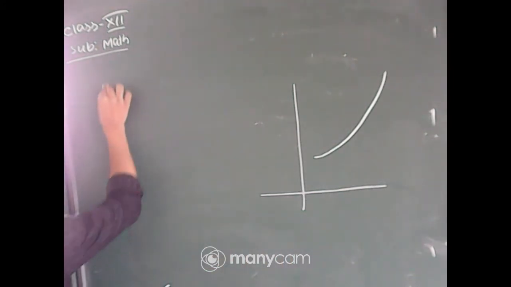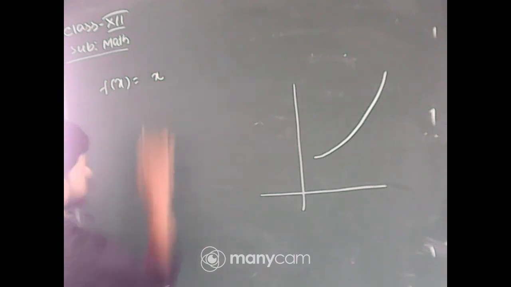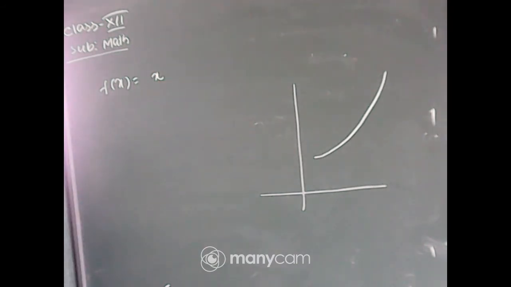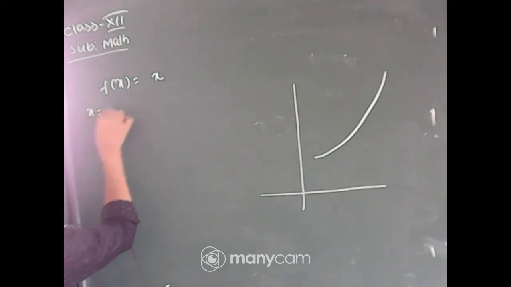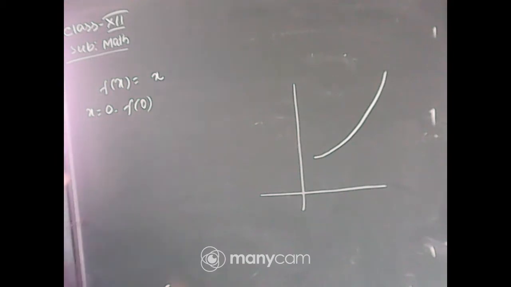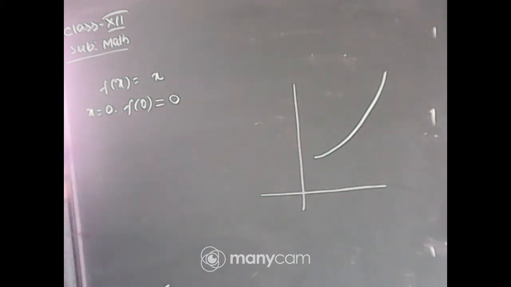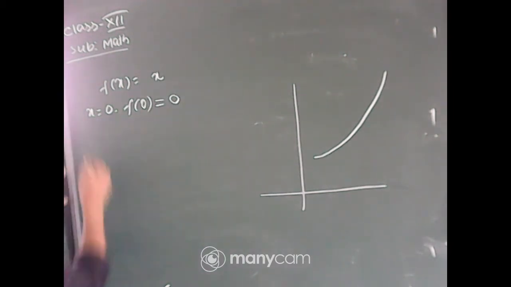For example, if we consider f of x is equal to, suppose, x, it is a function. Now let's put the value of x equal to 0. Then what will be the value of f of x at x equal to 0? So the value of the function at x equal to 0 will be equal to 0. Now increase the value of x. Let x equal to 1.